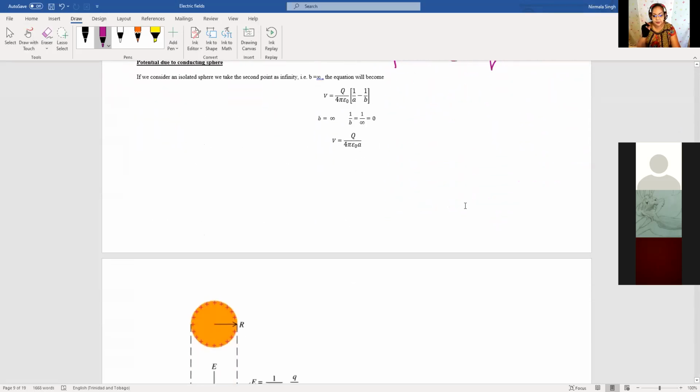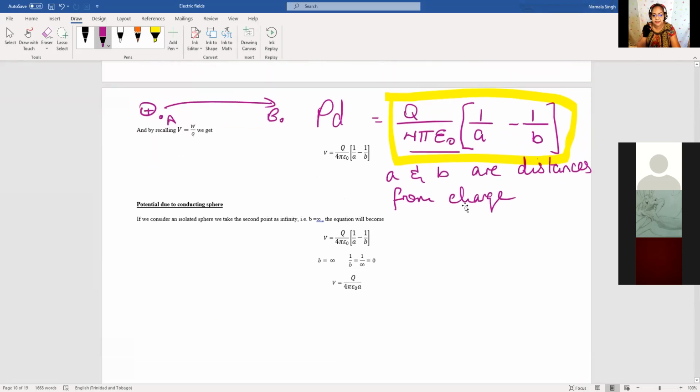So here we're going to look at a variant of this equation, potential due to conducting spheres. If we consider an isolated sphere, we take the second point, which is B, as infinity. Why is it infinity? Because an isolated sphere, say with plus charges all around it, does not have a second point.